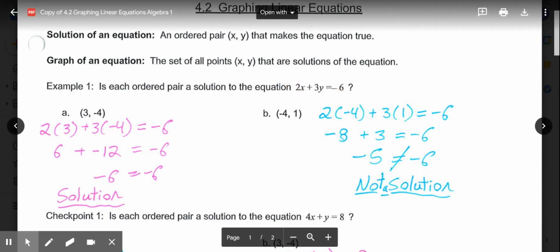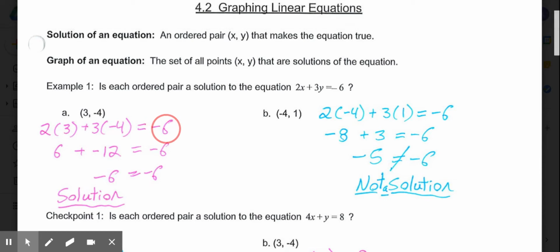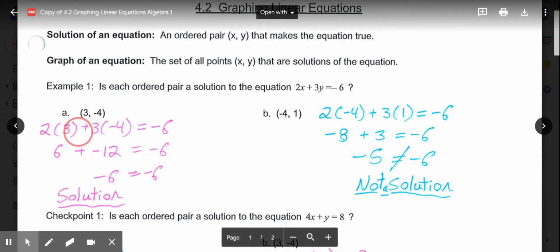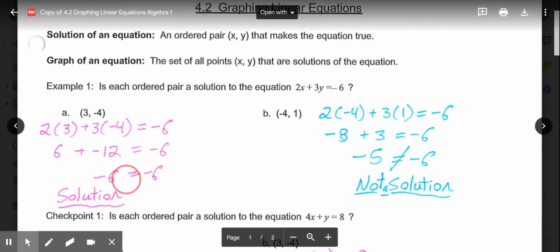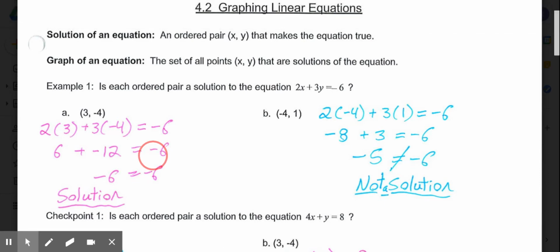So that equation becomes 2 times 3 plus 3 times -4 equal -6. And we're checking if that's true. So 2 times 3 is 6. 3 times -4 is a -12. And on the right, we still have -6. So 6 plus a -12 equals a -6.